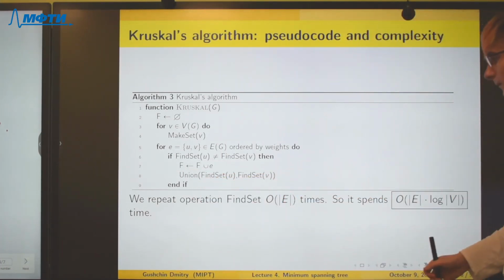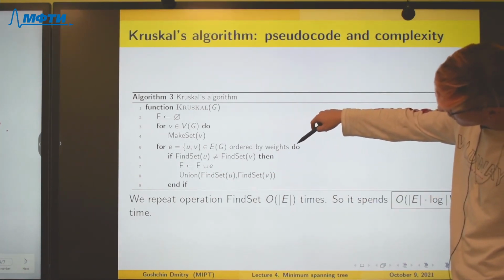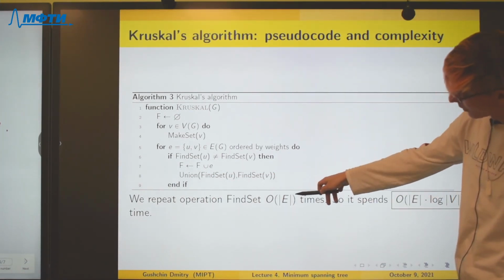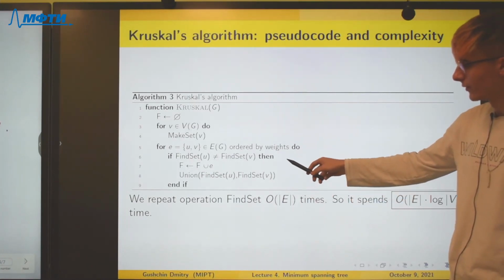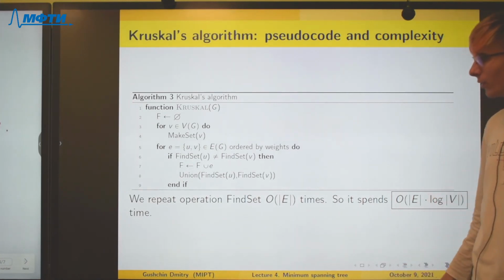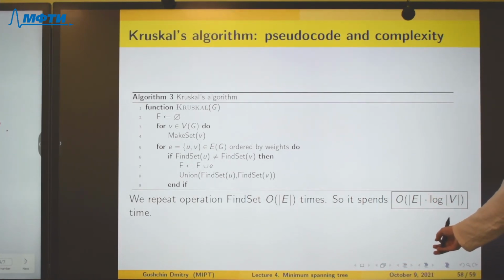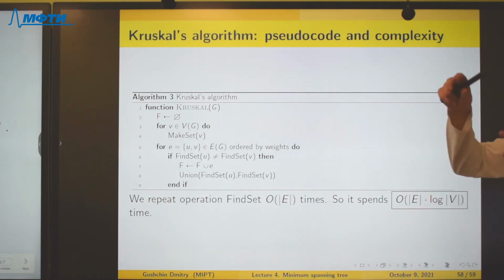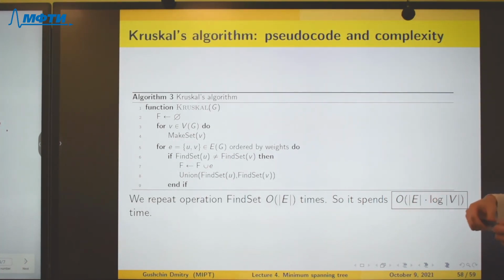So you can see that our cycle repeats O of the number of edges times, and if you remember, find set has asymptotic time equal to O of the log of the number of vertices. So Kruskal's algorithm spends O of the number of edges multiplied by the logarithm of the number of vertices time.